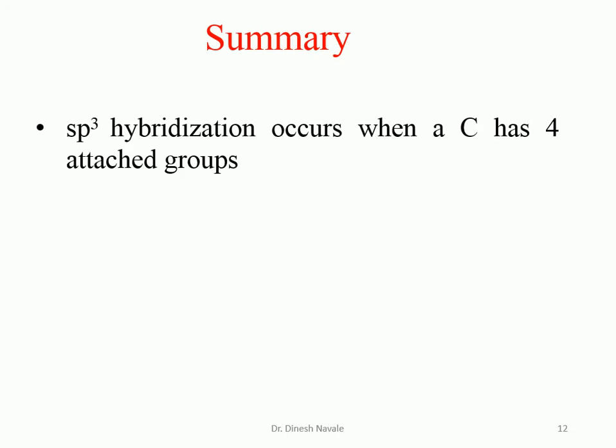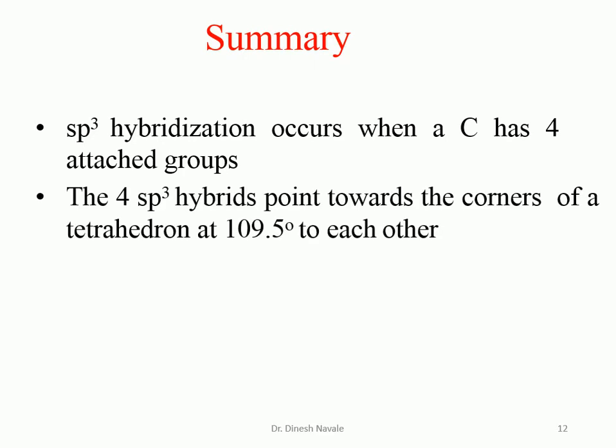So in summary, sp3 hybridization occurs when a carbon has 4 attached groups. Second, the 4 sp3 hybridized orbitals point towards the corners of a regular tetrahedron with a bond angle of 109.5 degrees to each other.